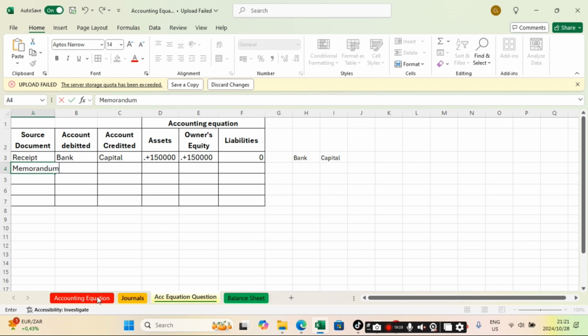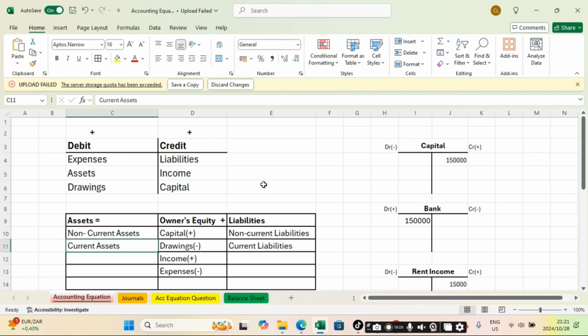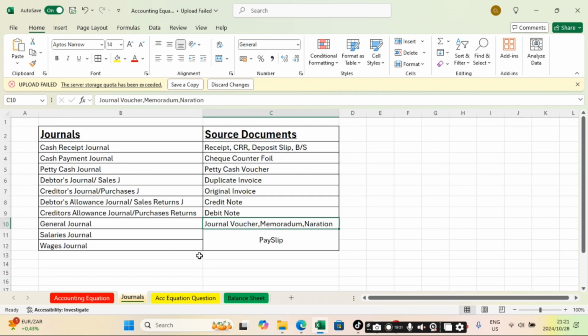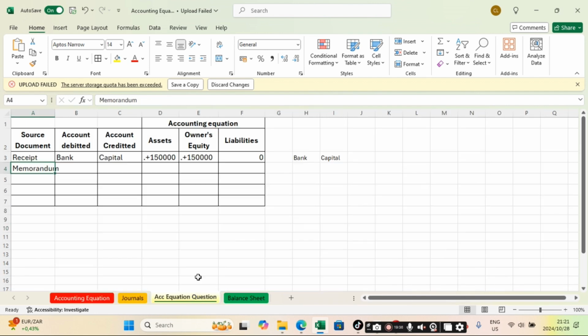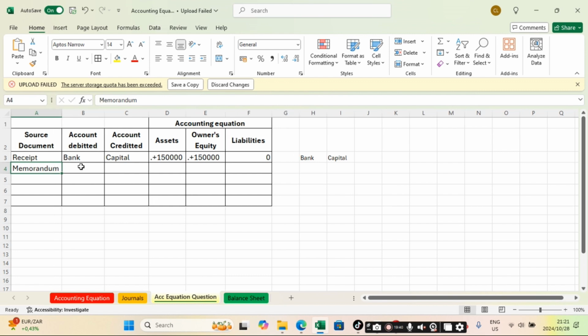Yes, it's memorandum. So memorandum, and then the two accounts that will be affected.